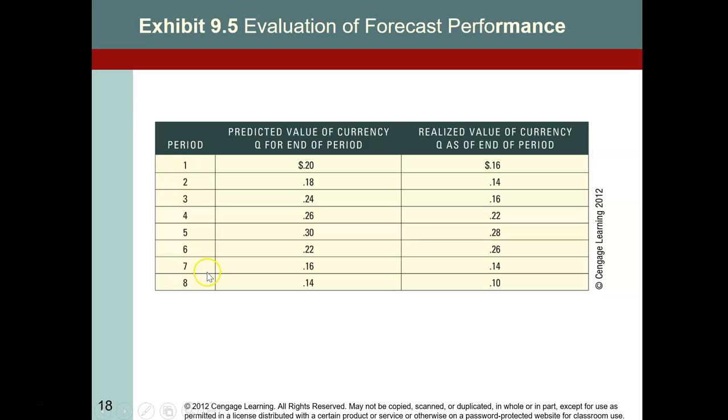Okay, so over time here, we have the predicted value of currency Q for the end of the period and the realized value of currency Q as of the end of the period. Okay, so we can use the predicted value minus the realized value divided by the realized value to calculate the forecast error.